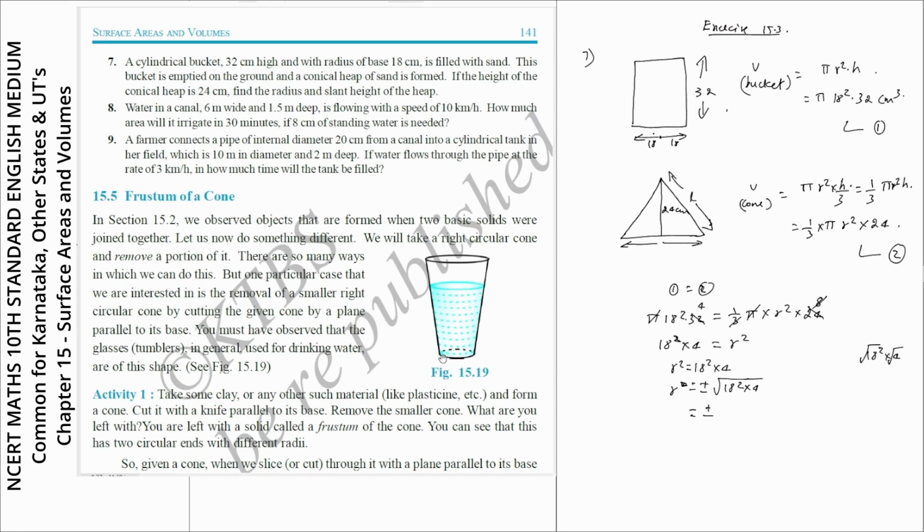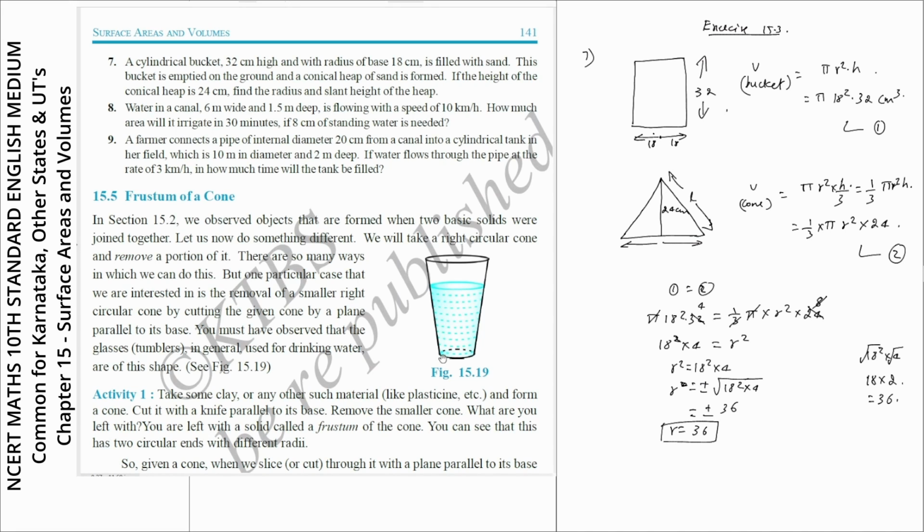Square root of 18 square is 18 only. Square root of 4 is 2. Now 18 into 2 is 36. So plus or minus 36 I'll get. I'll discard the negative value because r cannot be negative. Therefore r is equal to plus 36.